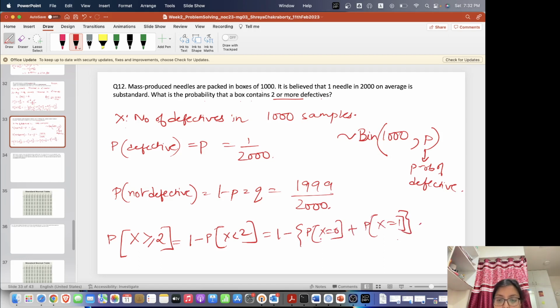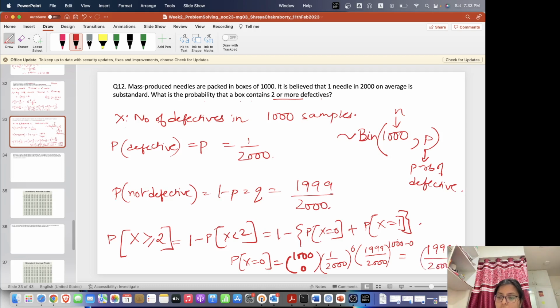And how am I going to calculate probability X equal to 0? Probability X equal to 0 is, this is n and this is p, n C x p to the power x times q to the power n minus x, which is nothing but 1999 by 2000 to the power 1000.